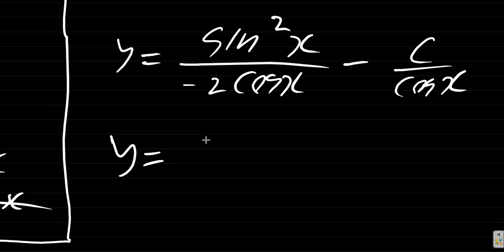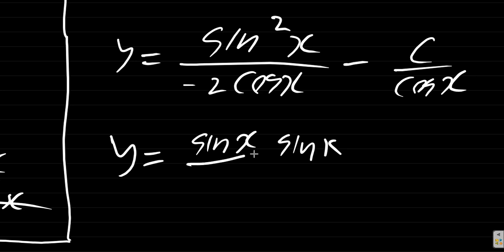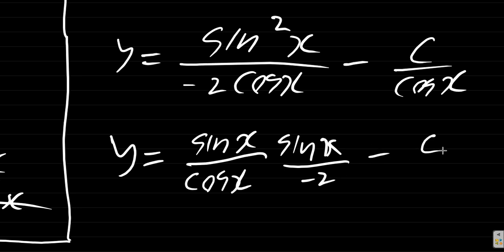Suppose you say this is sine x times sine x over cos x, and this over negative 2 minus c over cos x.